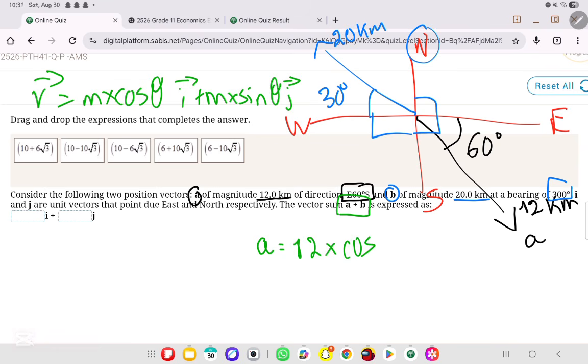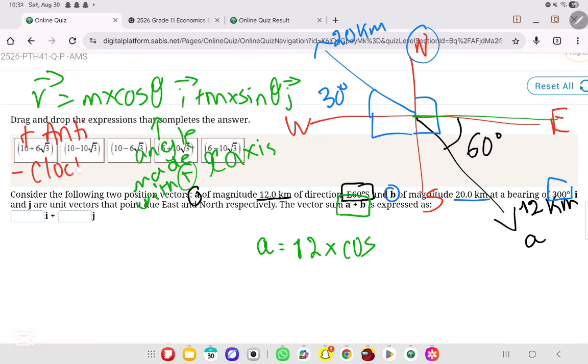Remember that theta is the angle made with the positive x-axis. So where's the positive x-axis? It's over here. This angle can either be positive by going anti-clockwise, or it can be negative by going clockwise. So in this case, you can go anti-clockwise and find the theta, or you can go clockwise and find the theta.